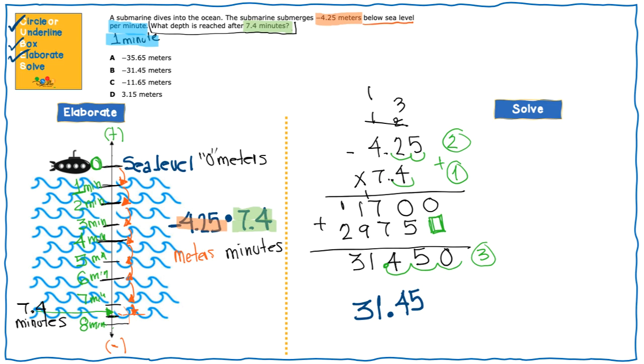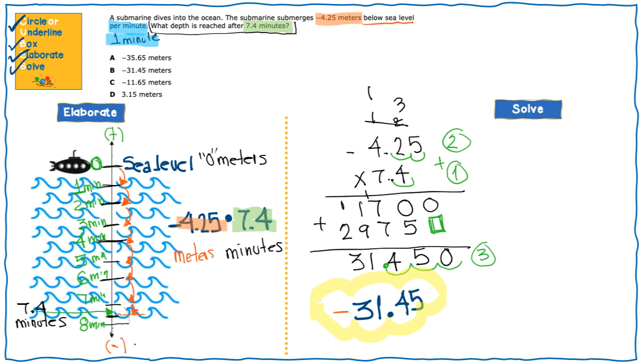Because I have a 0 at the end, there's no need to bring it down. We don't have to rewrite it because it's at the end anyway. And the last thing that I'm going to look at is the sign. When I multiply a negative times a positive, guys, my answer is negative.